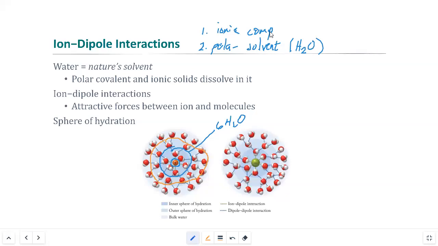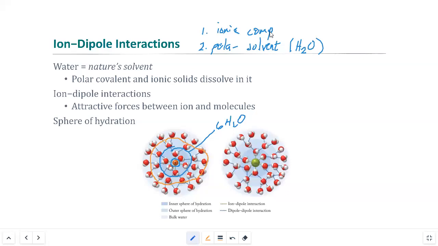And yet, water is able to dissolve ionic compounds. Why? Because collectively, it gets a greater level of attraction from all of those water molecules sticking to it than it does from the ionic bond. So that's enough to overcome it.